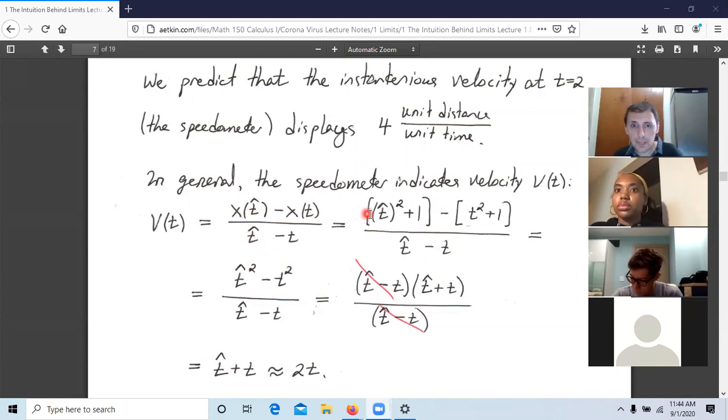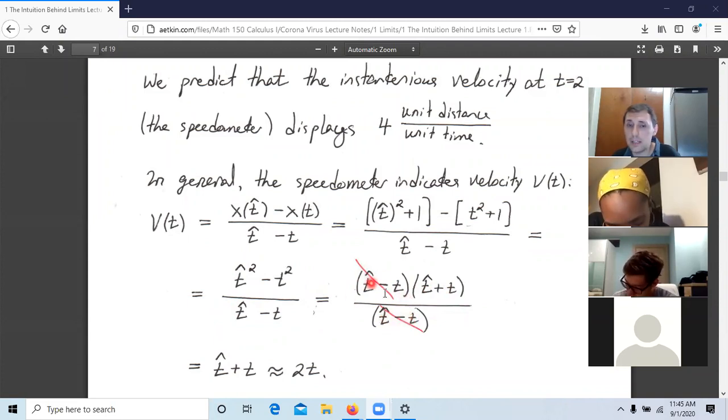So what do we have here? At x of t hat, I have t hat squared plus 1. At x of t, I have t squared plus 1. I simplify it, and I get t hat squared minus t squared divided by t hat minus t. And my goal is to get rid of the denominator being 0. So I factor the numerator into t hat minus t times t hat plus t, divided by t hat minus t.